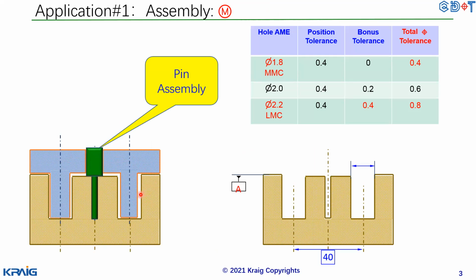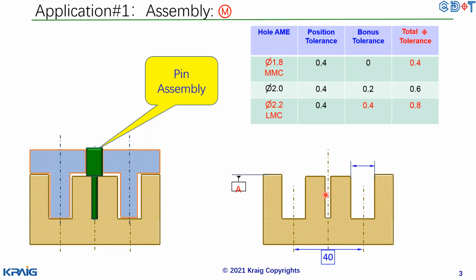In this situation, if assembly is the function, then it's easy to imagine that if the hole size is smaller, for assembly, it's the worse situation. So the position tolerance should be smaller, or without bonus. Again, if the hole is smaller, there shouldn't be any bonus.